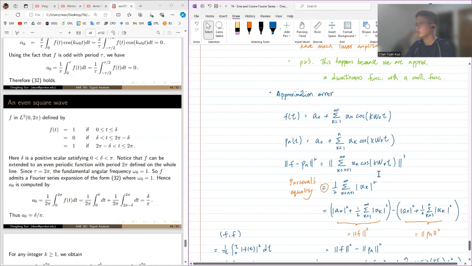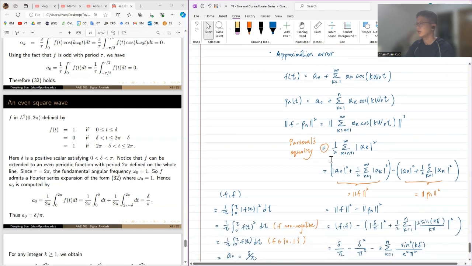And what you end up with will be a summation of alpha k times cosine of k omega naught t, and k is from n plus 1 all the way to infinity. And according to Parseval's equality, this will equal 1/2 times the summation of the square of the absolute value of alpha k, and k is from n plus 1 to infinity. And this result here can also be seen as the total power of f subtracted by the total power of its approximation.